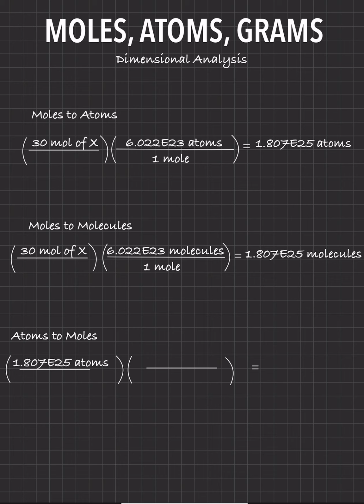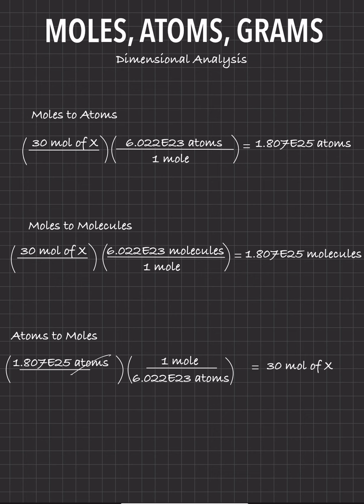Now, how do you go from atoms to molecules? Again, what you have in the numerator cancels with the denominator, and you're left with what you want. So in this case, my atoms are going to cancel with my atoms here with Avogadro's number, and I'm going to be left with my moles. And I'm using the same numbers, it's going to be 30 moles.